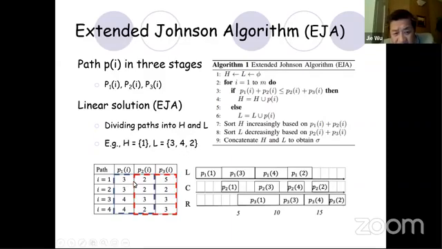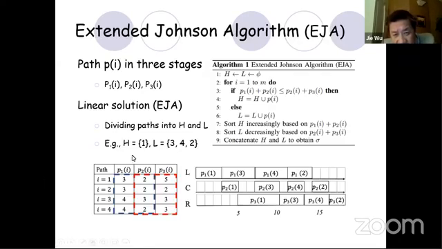Since there's only one task, you don't need to sort. But for L, there are three paths, so you sort based on the decreasing order of 2 and 3. You can see that 2 and 3 are 4, 6, and 5. So the decreasing order should start with 3, which is 6, then 4, then 2.